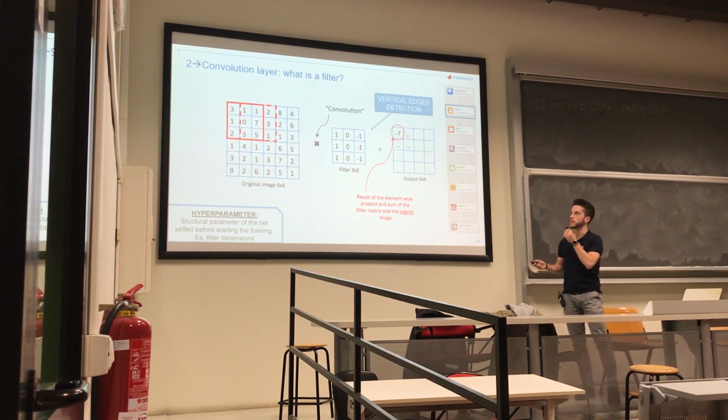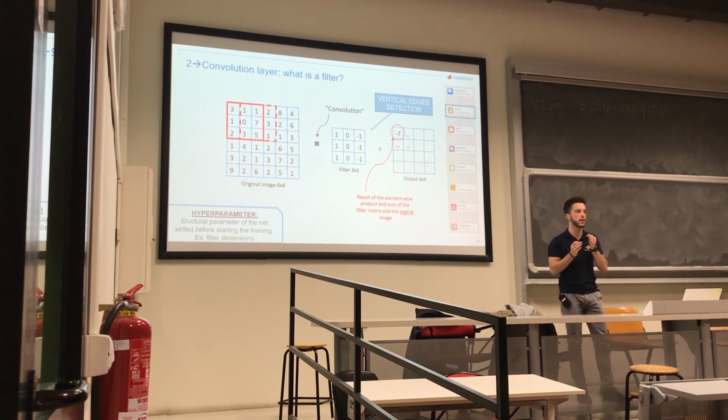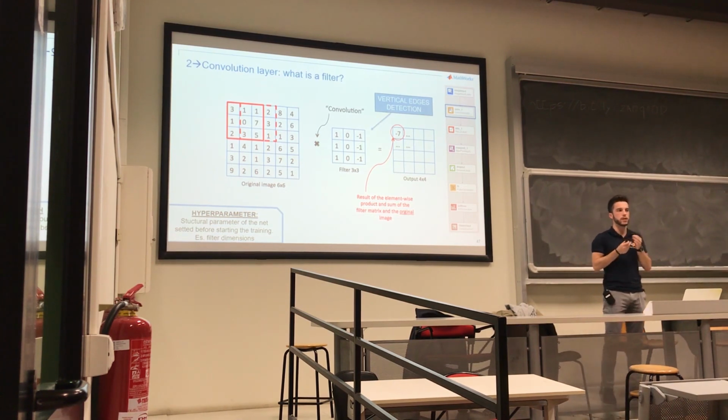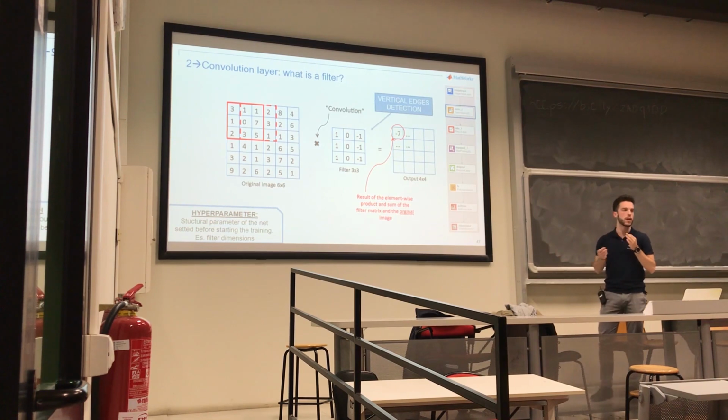Why is it a vertical edge detection? Because, as you can probably understand, with 1 in this position and -1 in this one, if you multiply in this section and there is a discontinuity in the image, so a rapid change of pixel values, it means that there is a border, a vertical edge.